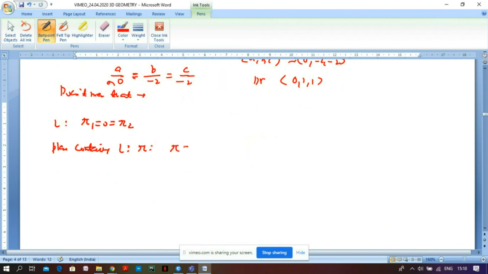You know that this pi will be given by pi 1 plus lambda pi 2. So the equation of a plane containing line L, where line L is in general form, is given by pi 1 plus lambda pi 2.